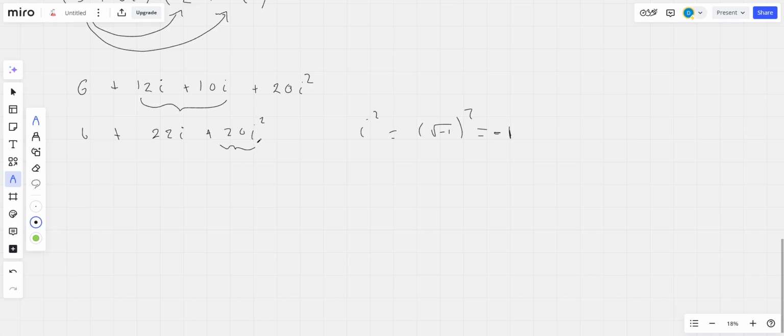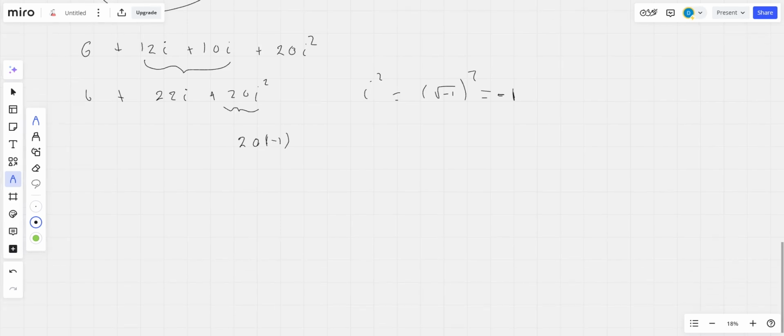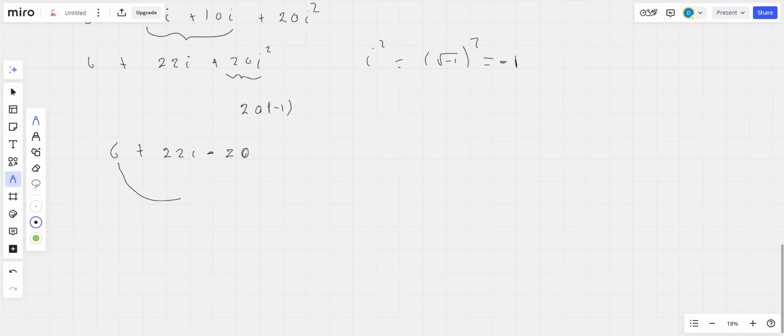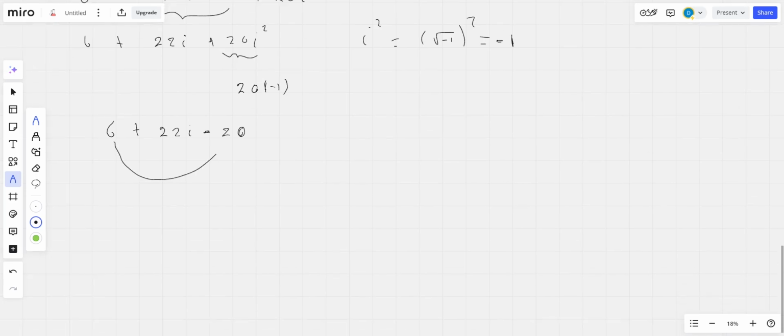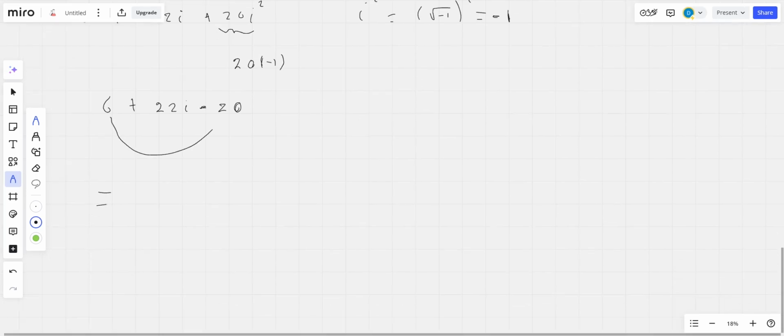So this term is actually 20 times negative 1. So we can rewrite the answer as 6 plus 22i minus 20. Now 6 minus 20, that's going to be equal to negative 14 plus 22i.